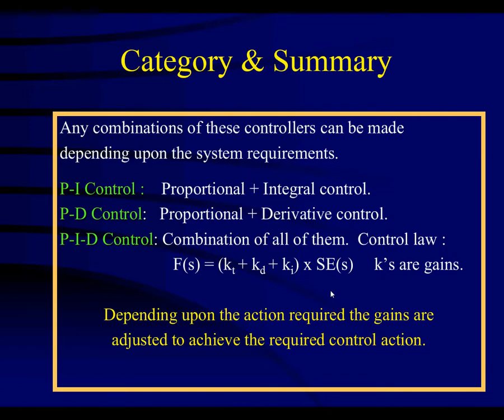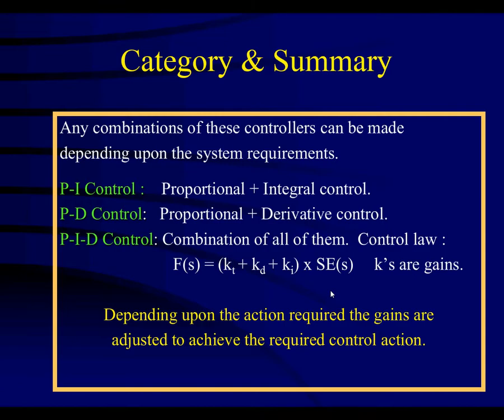Any combination of these controllers can be made depending upon what the system requirements are. PI controller stands for proportional and integral control. PD control, proportional and derivative control. And PID is for the combination of all of them. In this case, you can see the control law has contributions of the proportional, integral, and derivative control.